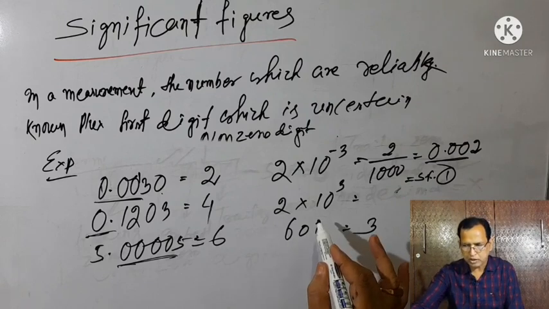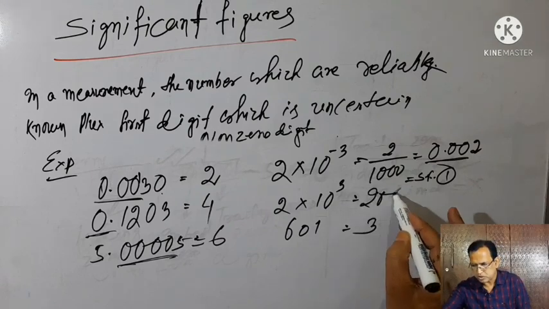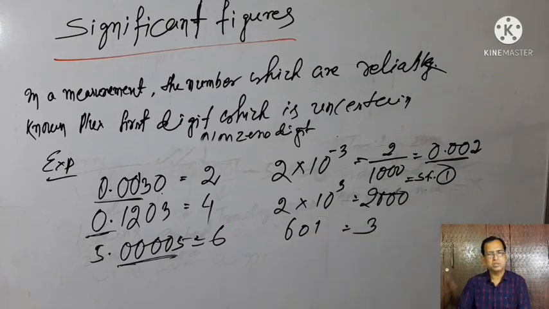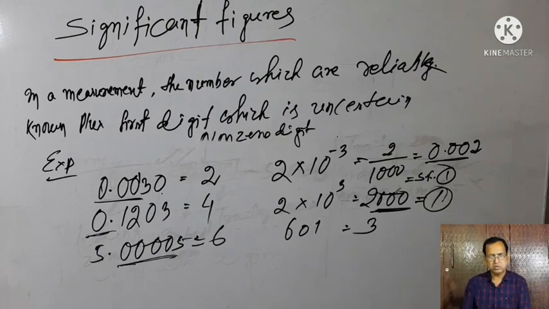Okay. 2 into 10 to the power 3 means 2000. It is a non-decimal number. So, these three zeros are trailing zeros, not used as significant figure. So, what is significant figures? 2, that means only 1 significant figure. Okay. So, these are some examples for significant figure.